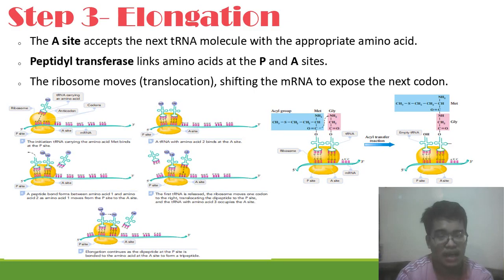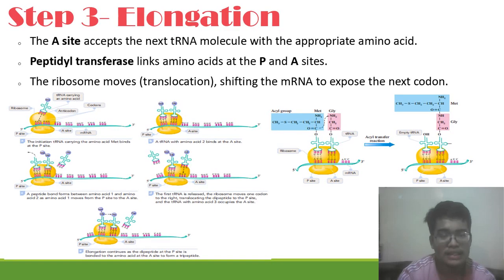The ribosome shifts along the mRNA and the process continues. The transfer of the growing peptide chain from the P site to the A site is an example of an acyl transfer reaction.